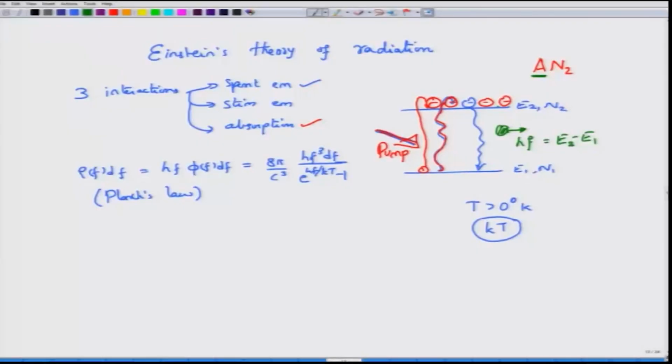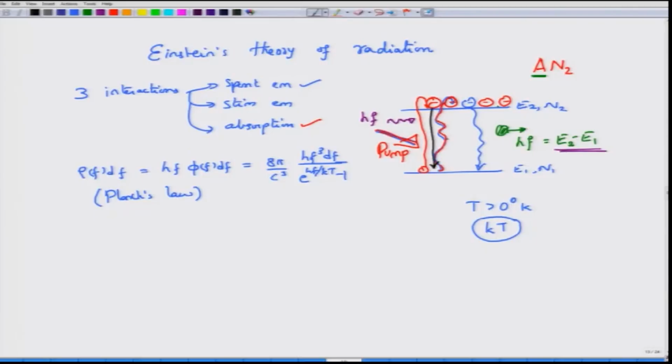Okay. So, as we have seen, very few of them drop down by spontaneous emission, but when you now send in an external photon, or a photon that has just been generated by noise, whose energy matches the energy difference E2 minus E1, then this photon will cause the electron here to drop down.